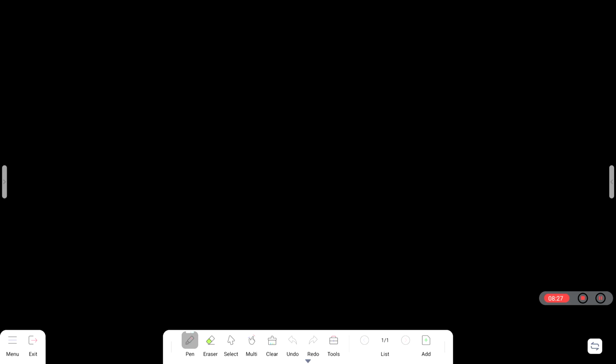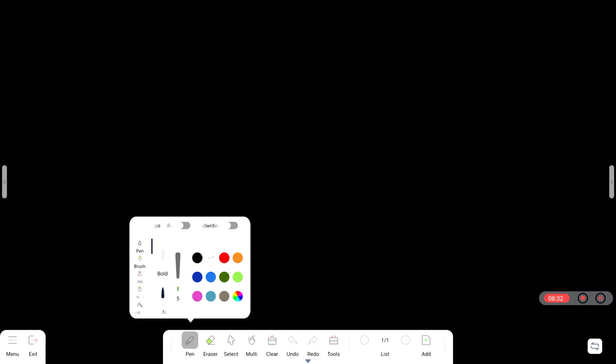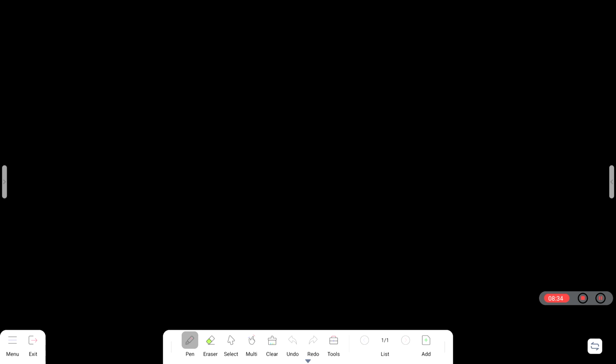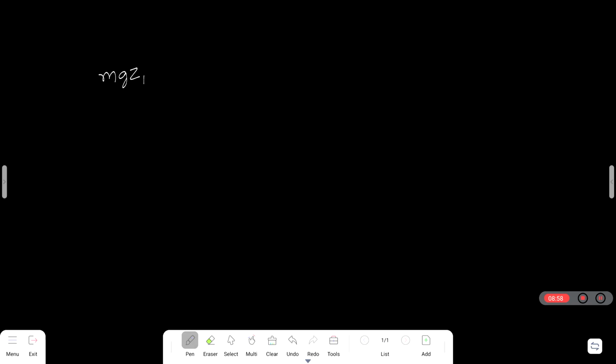First, the first energy, let's say potential energy, mg z1. We are considering the height, right? mg z1, plus next the kinetic energy.